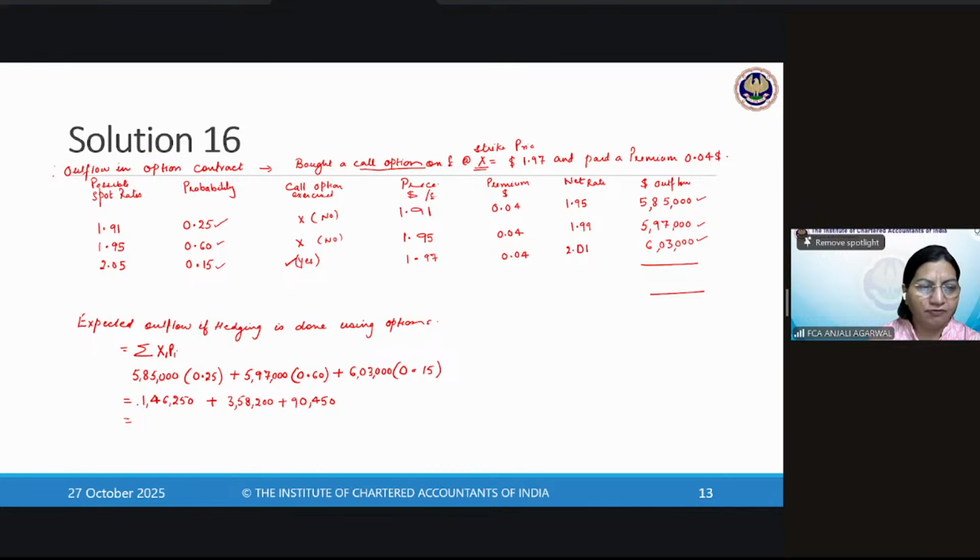So when you add the three figures, the expected outflow will be 5,94,900.